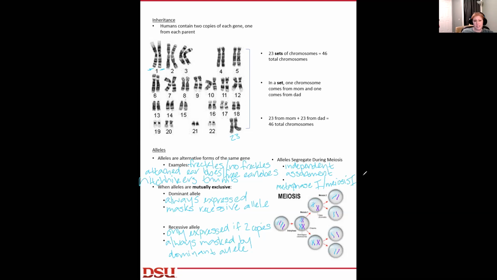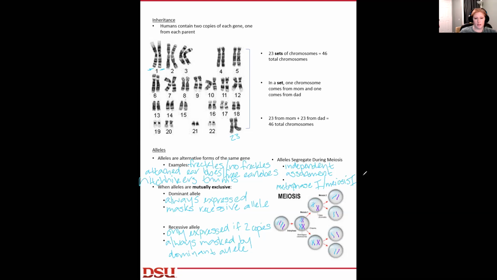Why am I telling you this again? Because I want you to be able to start putting what you're learning together, like connect the dots, if you will. So we've talked about mitosis, we talked about meiosis, we talked about how gametes are formed, we talked about genetic diversity.